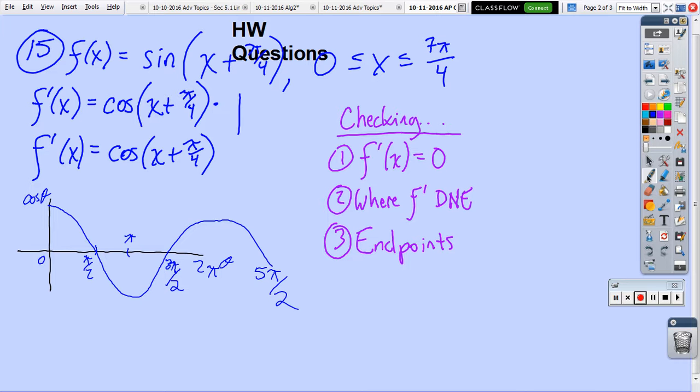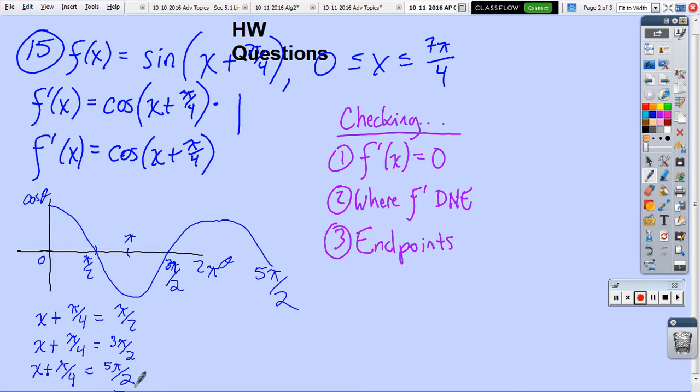I could say that x plus pi over 4 could equal pi over 2. I could write x plus pi over 4 could equal 3 pi over 2. And I could write that x plus pi over 4 could equal 5 pi over 2.